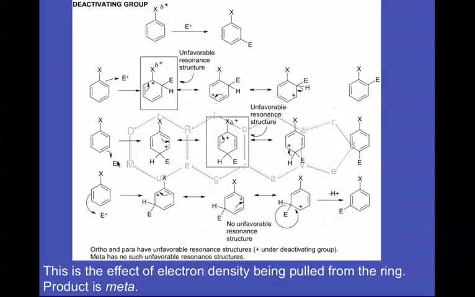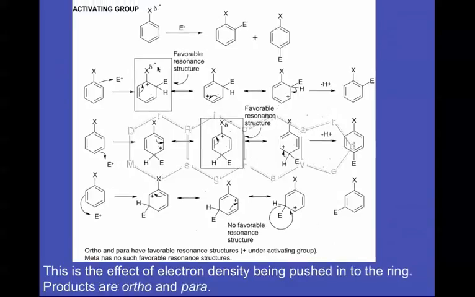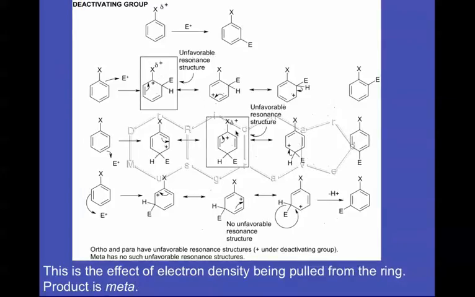When we try and put the E plus in the para position, the same thing happens. Again, we end up with this nasty unfavorable resonance structure. Remember in the previous one, both of these resonance structures were favorable because the X group had a delta minus and could stabilize the positive charge. Now the X group is having the opposite effect. It is now destabilizing the positive charge and leading to the possibility of unfavorable resonance structures where there were favorable ones before.